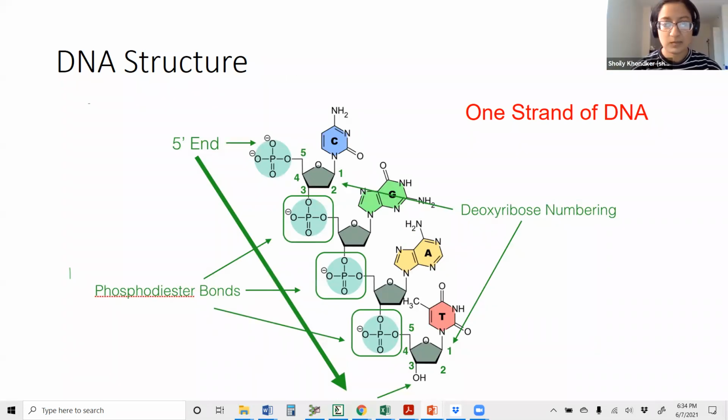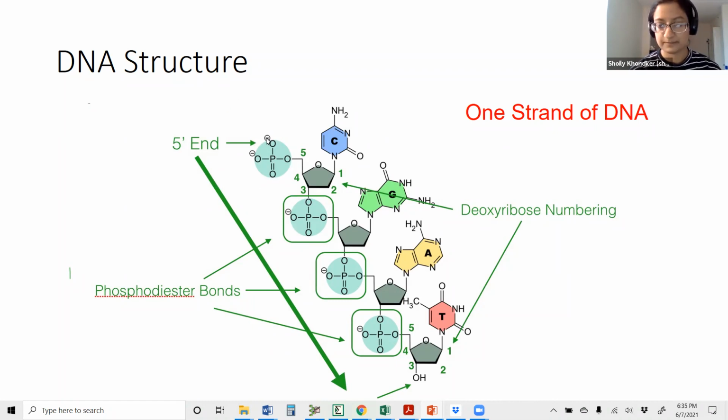So when the monomers are bonded to create the macromolecule, there's a directionality to it. Each monomer has what's called a 5' end and a 3' end. This image represents DNA, but the same concept applies to RNA.